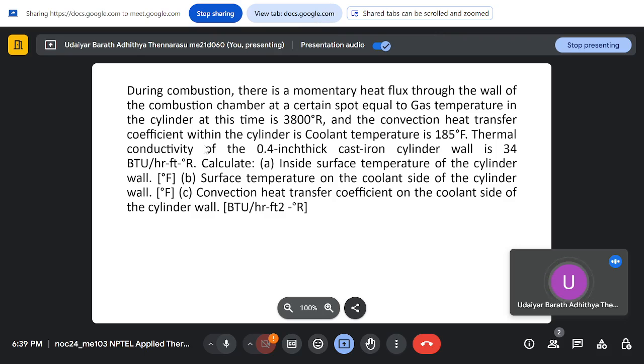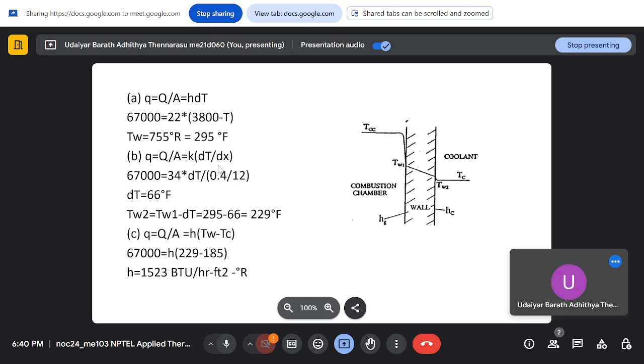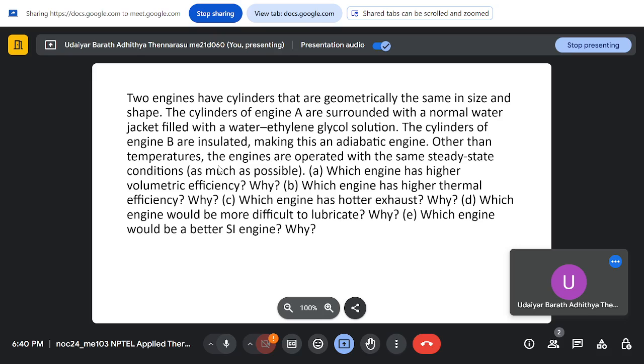The thermal conductivity of the 0.4 inch thick cast iron cylinder wall is 34 BTU per hour feet Rankine. So we'll move on to this question.